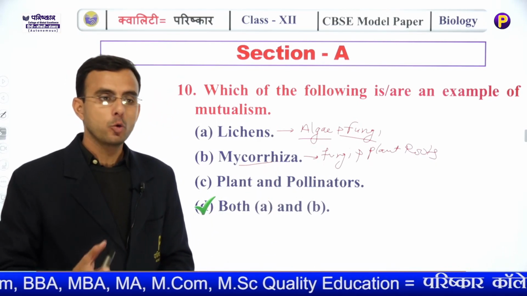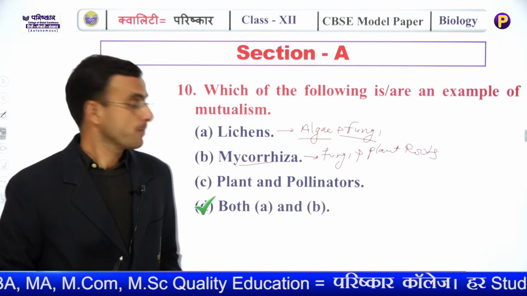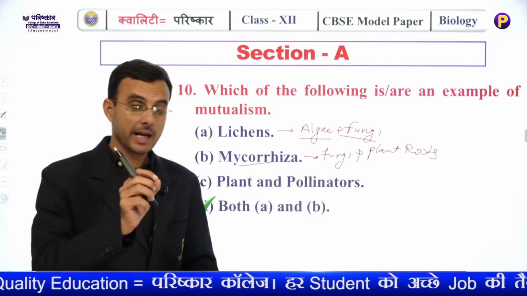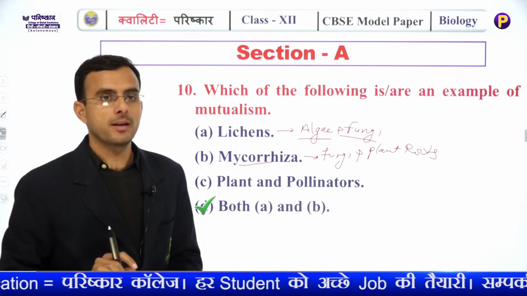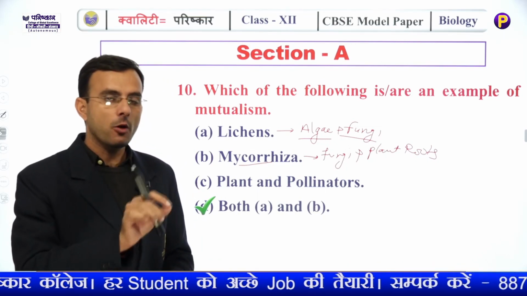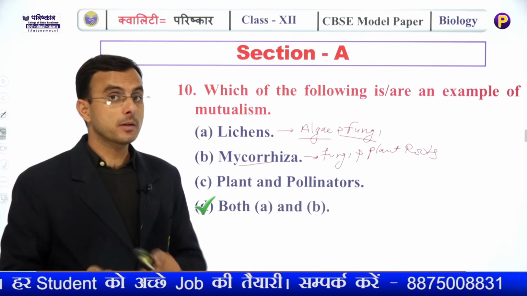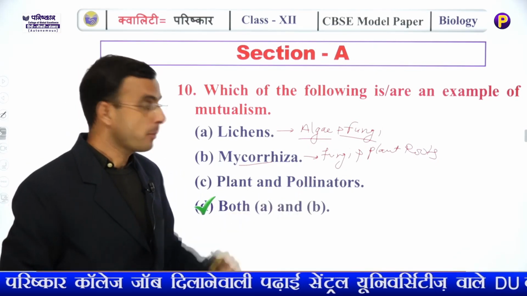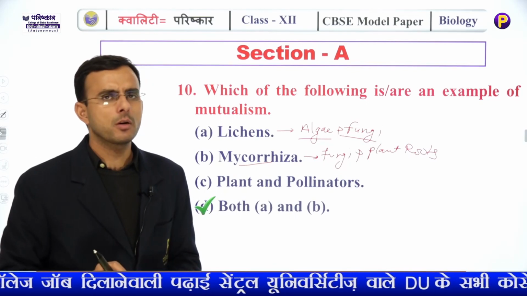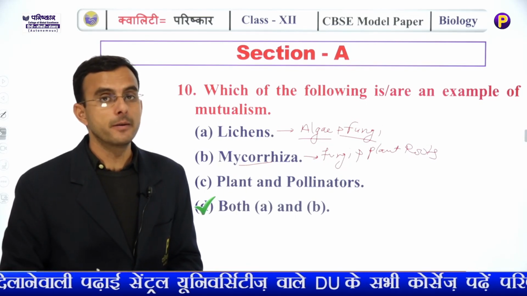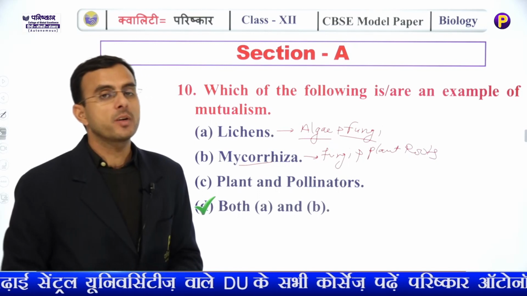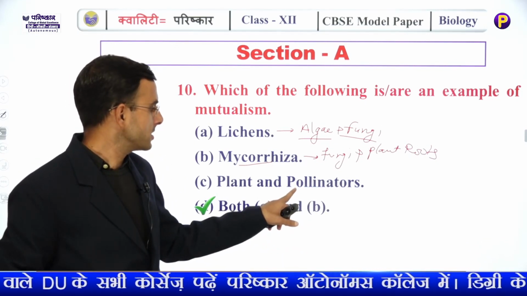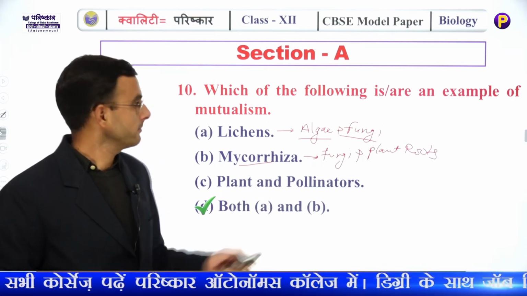Pollinators are those which help in pollination. If on one side there is an animal pollinator, then both are benefited. But in the option of pollinators, wind is also working as a pollinating agent, and water is also working as a pollinating agent. Because of this reason, this option is not correct.